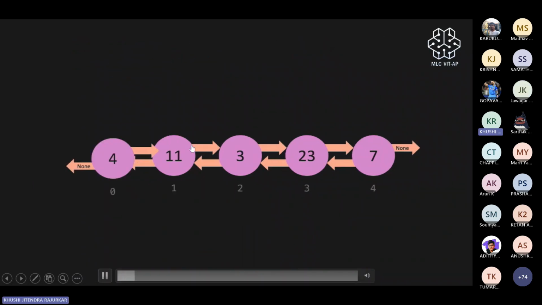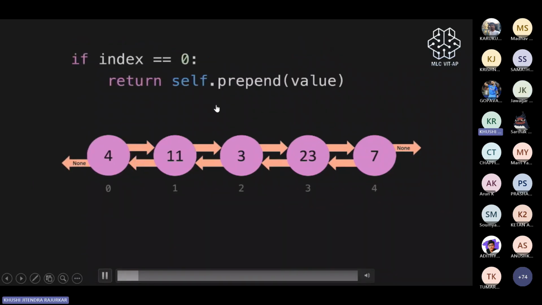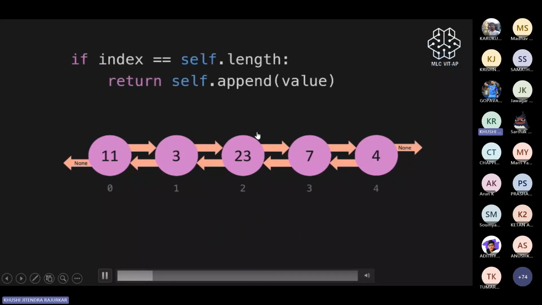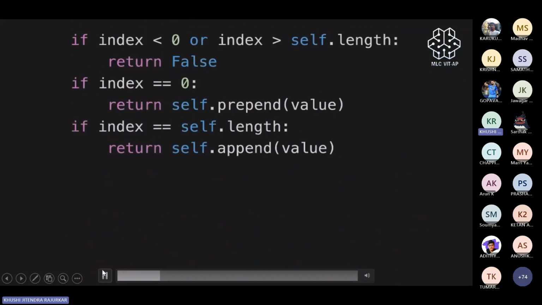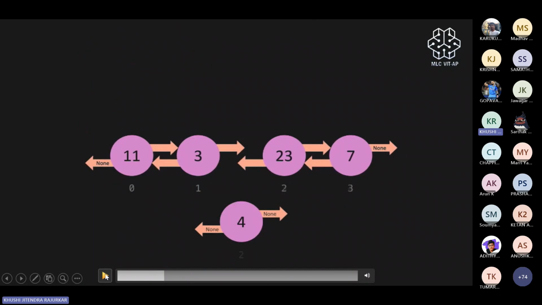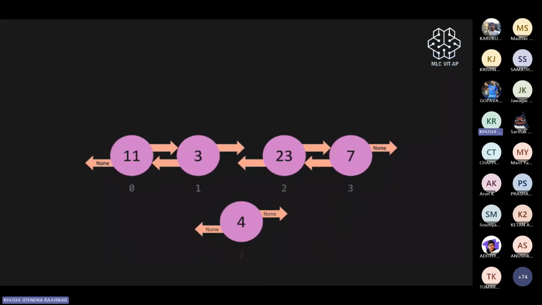We'll again consider this out of bounds conditional. If index is equal to 0, we'll return self.prepend. If index is equal to self.length, then we will return the self.append function. Now what would we be doing if we want to insert this new node somewhere in the middle of our linked list? What would we do?